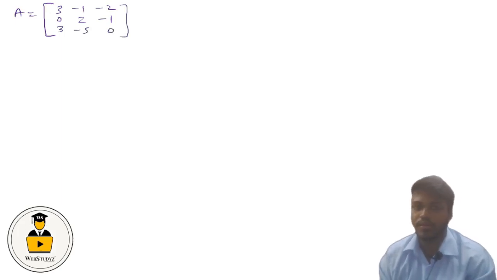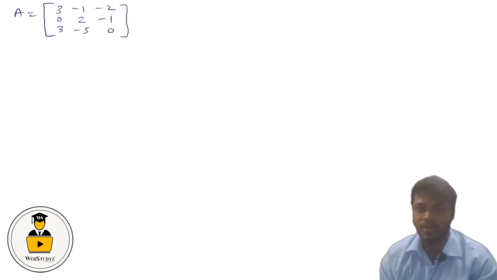Now in order to find the adjoint of A, first we need to find the cofactor matrix, and by taking the transpose of the cofactor matrix we will get the adjoint of A. So for the cofactor matrix, first we need to find the minors. Minors are calculated by ignoring the row and column corresponding to the element and finding the determinant of the rest of the matrix.